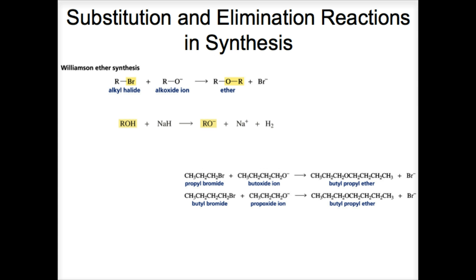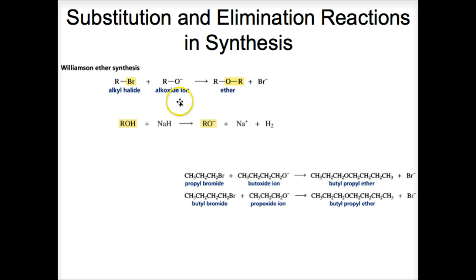Substitution and elimination reactions in synthesis. Earlier, we learned that nucleophilic substitution reactions of alkyl halides can lead to a very wide range of organic compounds. Here we have Williamson ether synthesis reaction that has an alkyl halide reacting with an alkoxide ion.